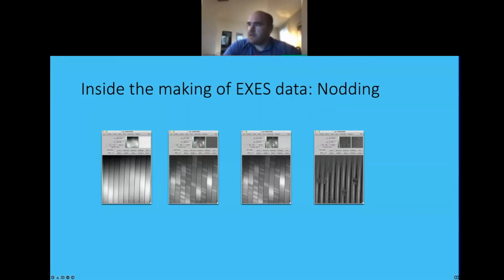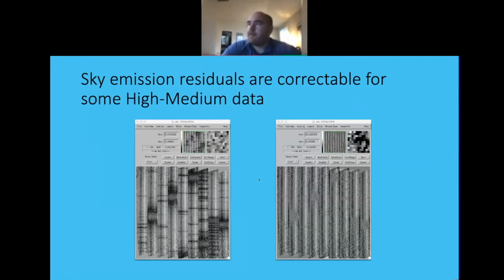And if you look closely, there's residual emission kind of staining the spectrum at all the positions where there was sky emission. But because we were able to take it in A-B nodding on slit mode, there is a recourse for this, which is that we can force a condition for A and B to sum to 0 across the slit, and then remove all the residuals.